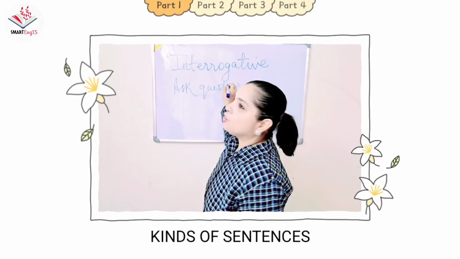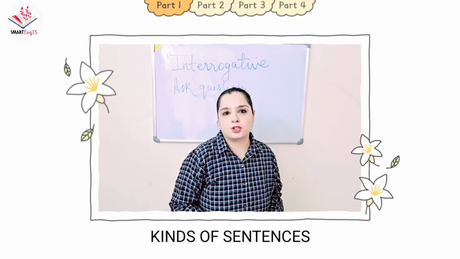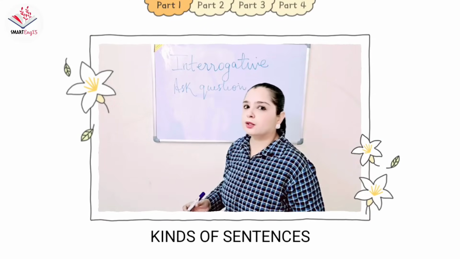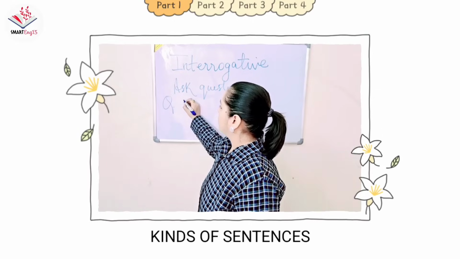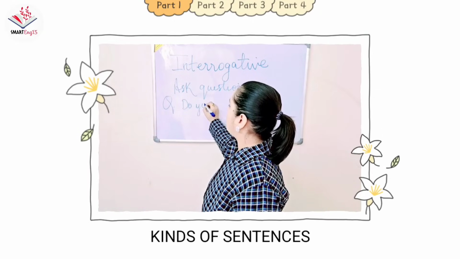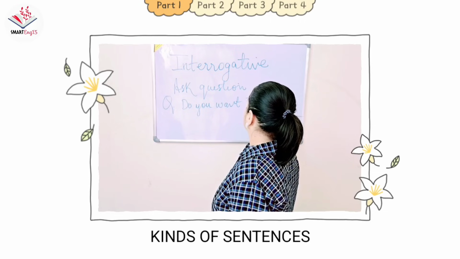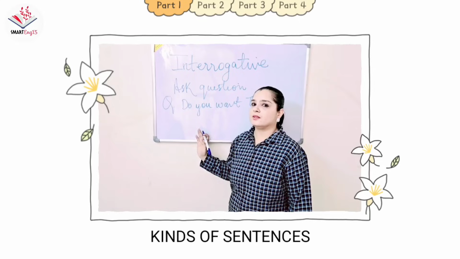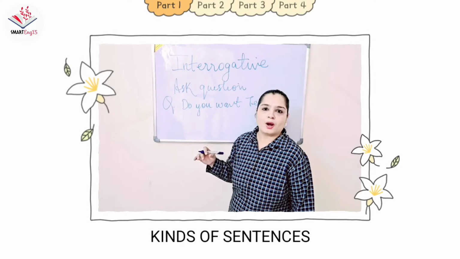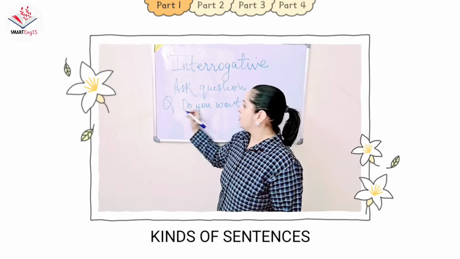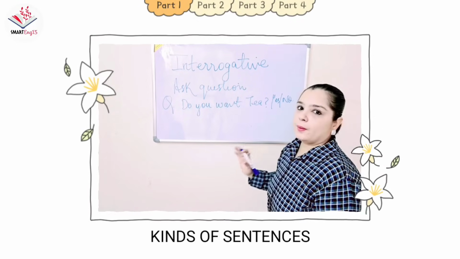The questions which end up being answered yes or no, or there are WH kinds of questions. Let us understand it through examples. The very first question: Do you want tea? Now if you see, you have to answer this question in yes or no. Yes, I want tea. No, I don't want it. So this is the first kind of question.